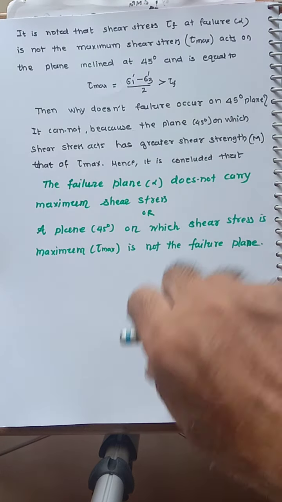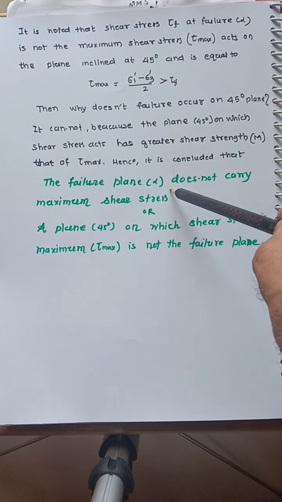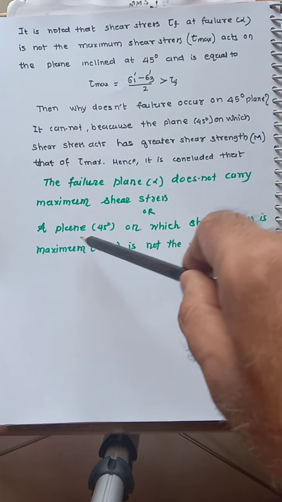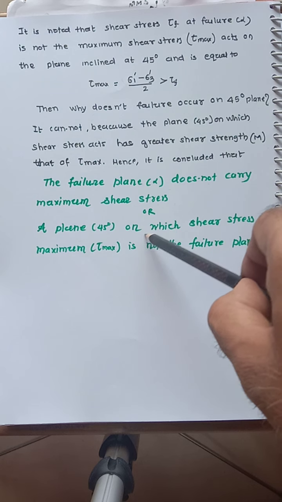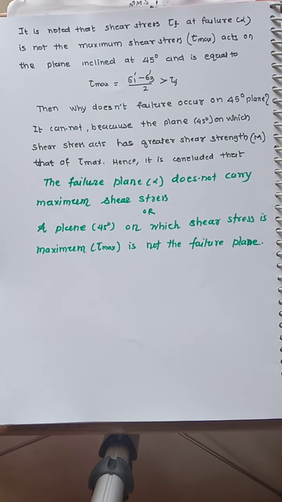Hence, it is concluded that the failure plane alpha does not carry maximum shear stress, and the 45 degree plane on which the shear stress is maximum is not a failure plane.